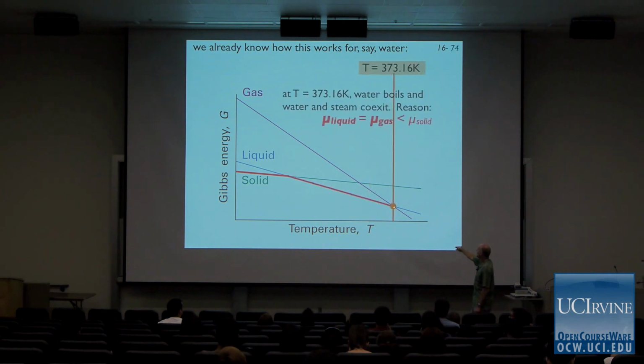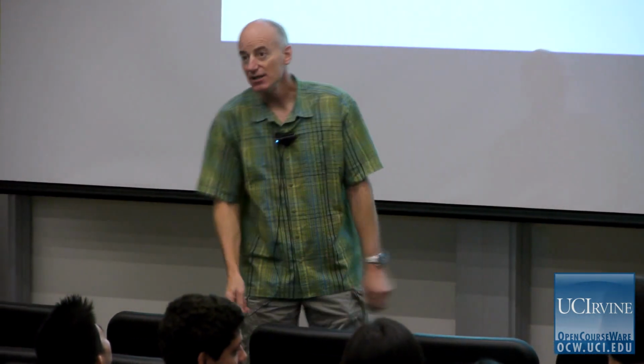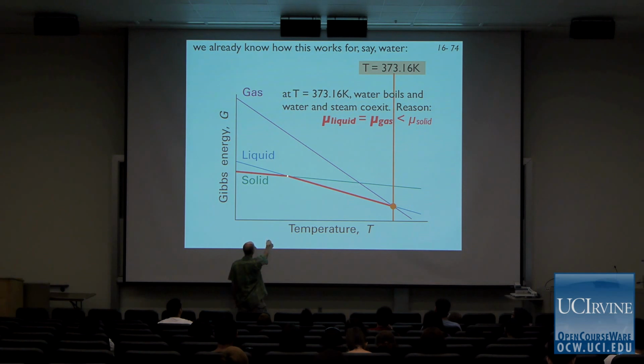When we arrive at the boiling point of water, 373.16 degrees Kelvin, the chemical potentials of liquid and gas phase water are equal to one another. And only at that point can you have the coexistence of these two phases, steam and liquid water. In this case, liquid and solid ice.